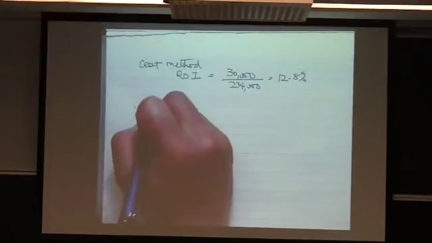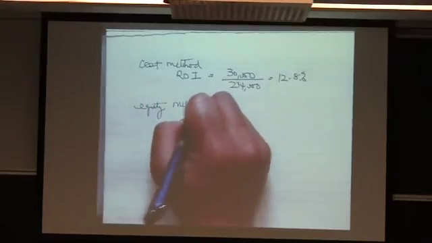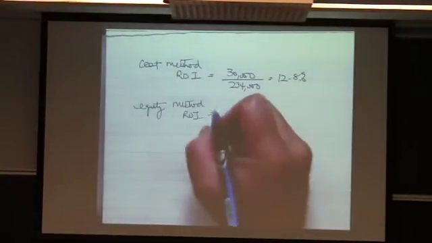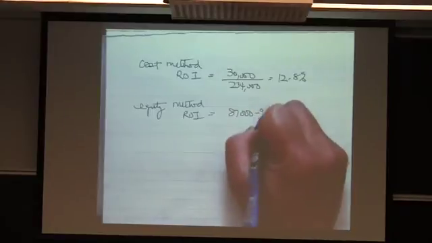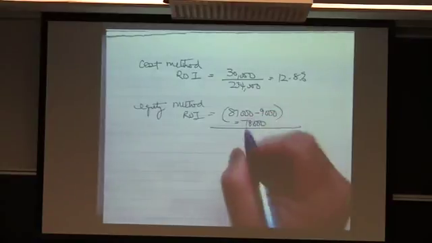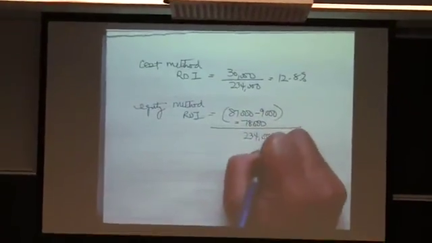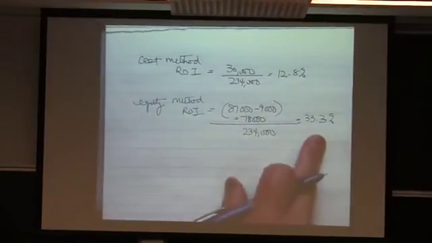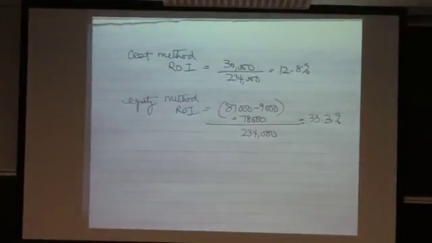Under the equity method, the ROI is 87 less that 9,000, which gives us 78,000, divided by 234. And this is more reflective. And given the fact that you've got significant influence, this to me is a much better representation of Pender's investment return on investment. Okay, thank you.